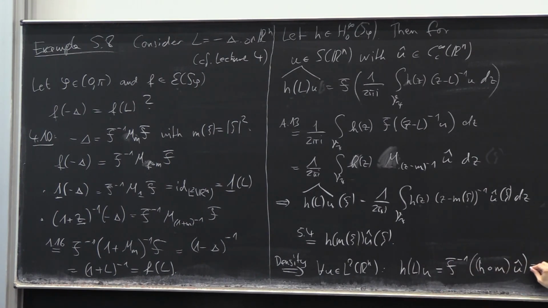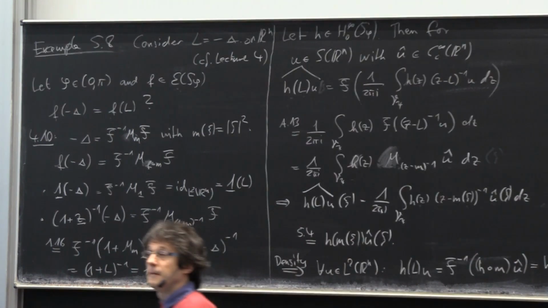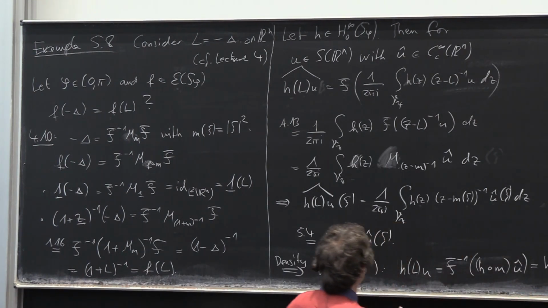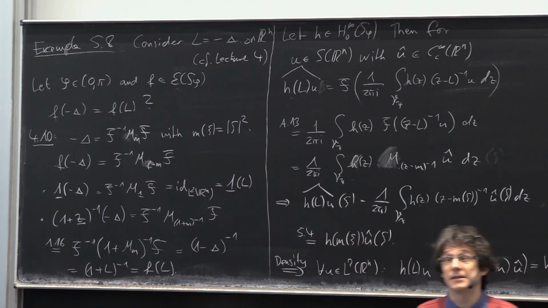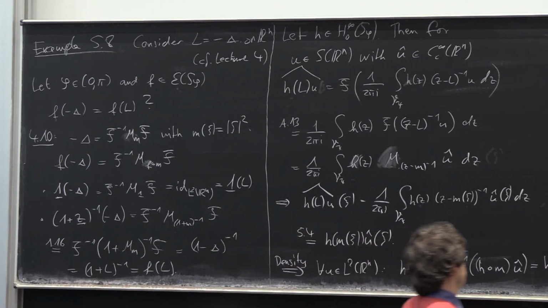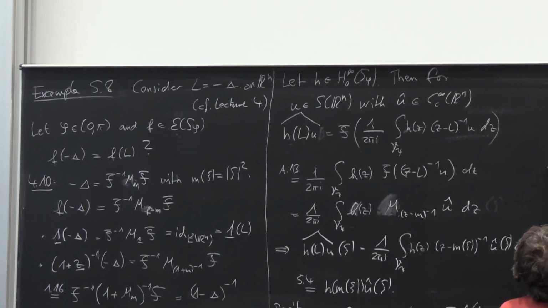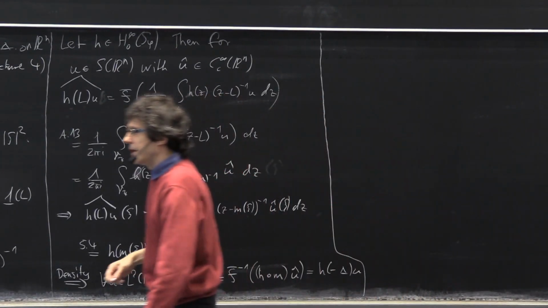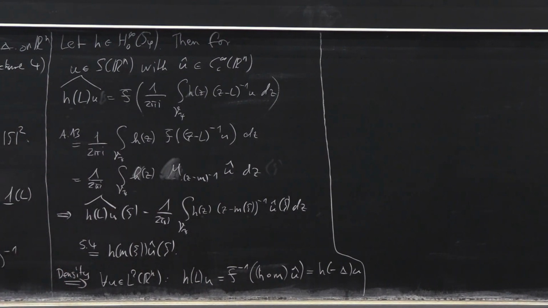But just by definition of the functional calculus last week, this is h of minus Laplace applied to u. And we've seen that h of L and h of minus Laplace is the same. Okay, so this was task number 1. So we've now defined a nice sectorial elementary functional calculus, and the one that we had as an appetizer last week is just a special case.